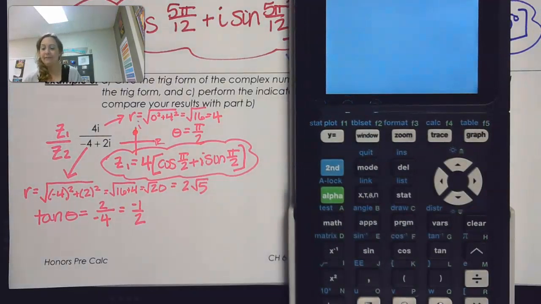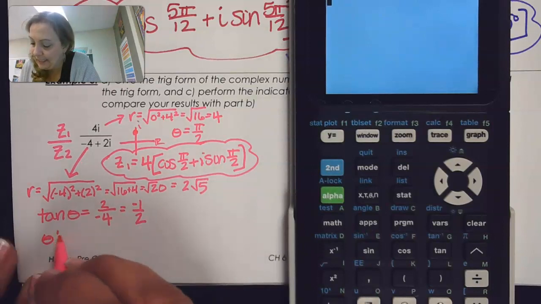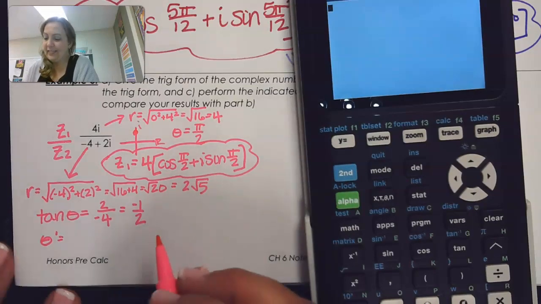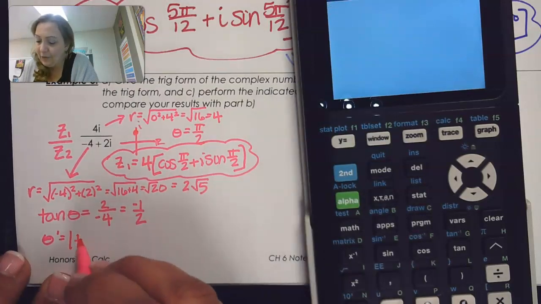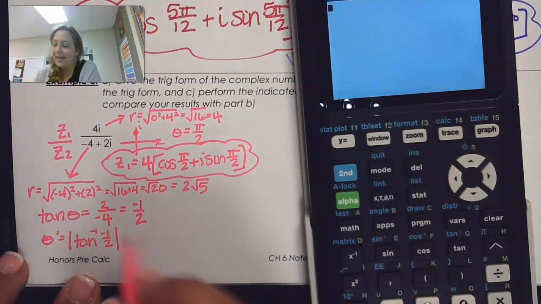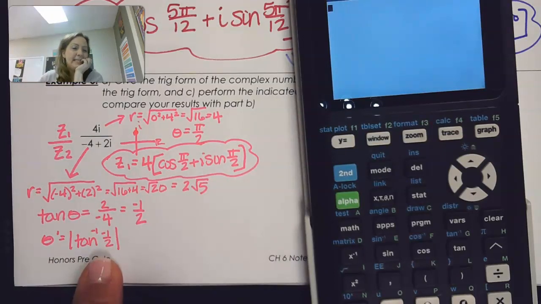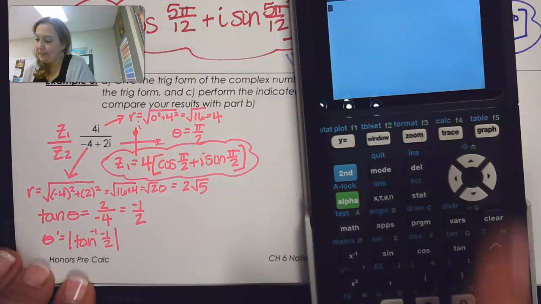And remember, when Mackie finds the reference angles, I always just take the absolute value of that, and take the inverse tangent of 1/2 personally. Okay, so that's my suggestion here.